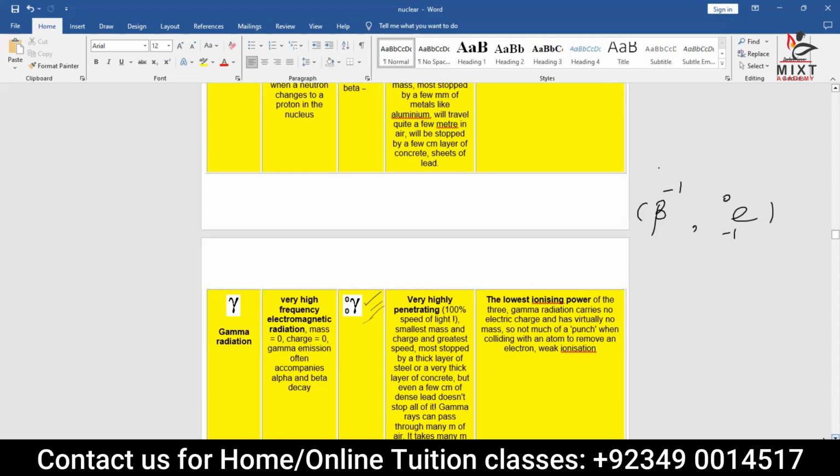Now, the same point, they are represented by that sign and that sign. So you can write both this one as well as this one. This shows that the mass number and proton number both are 0. This is called the gamma sign.